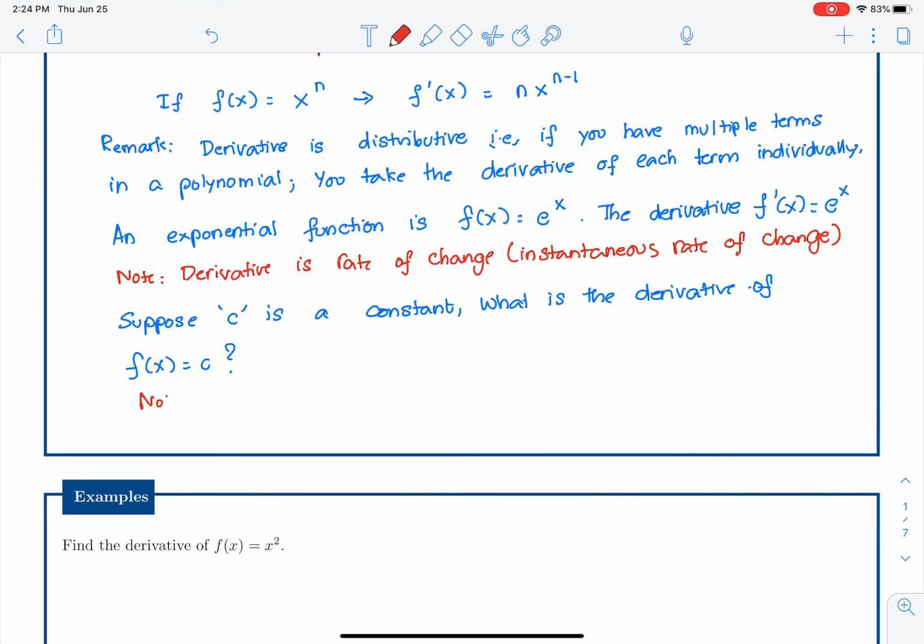The question we are asking is how does a constant change at any given instant? Well, does a constant change? Absolutely not. So the derivative is 0. So the derivative of a constant is 0.